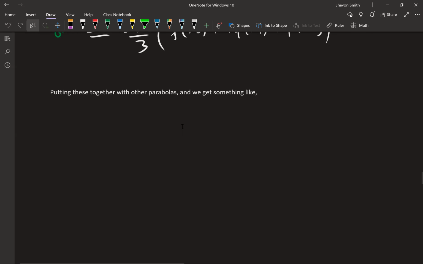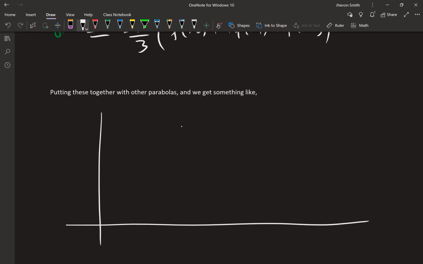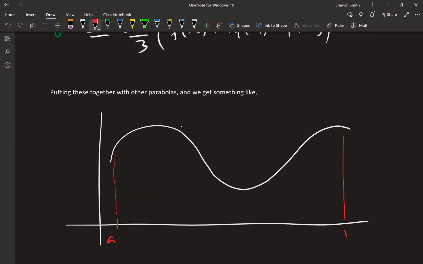Okay, now when you put these guys together, what's going to happen? Well, here's my curve doing its thing. So here's how we're going to do it. Here's from A to B. I'm going to dissect into a bunch of subintervals.